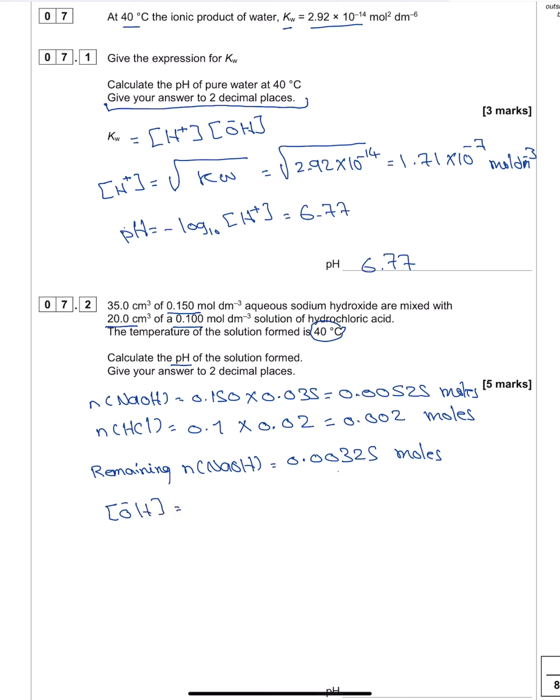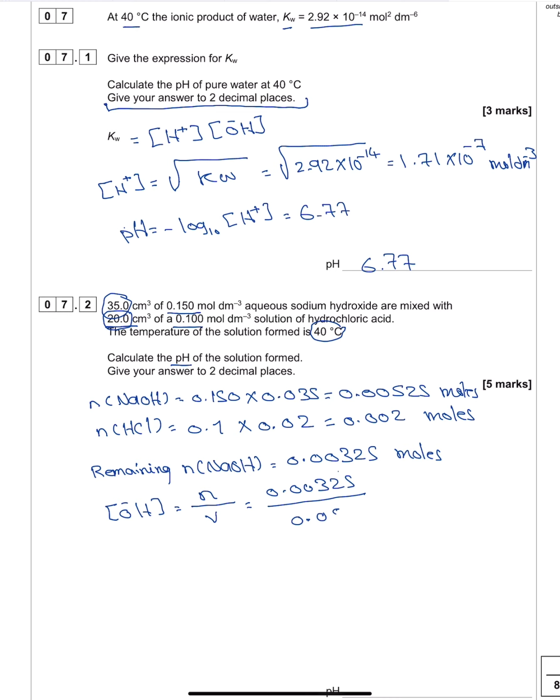Now we need to find the concentration of the hydroxide ion because we're going to need to use it in the calculation of the pH. Because sodium hydroxide is monobasic, there is only one hydroxide ion, so it's basically the same as the concentration of sodium hydroxide. The concentration is the number of moles over the volume in decimeter cubed. So this is the moles we calculated, 0.00325, and the volume was 35 centimeter cubed added to 20 centimeter cubed, so the total volume is 55 centimeter cubed.